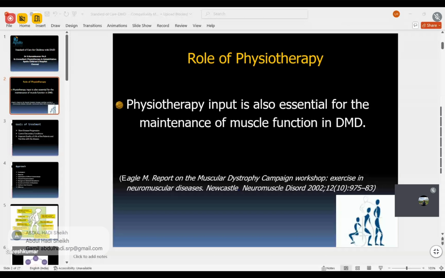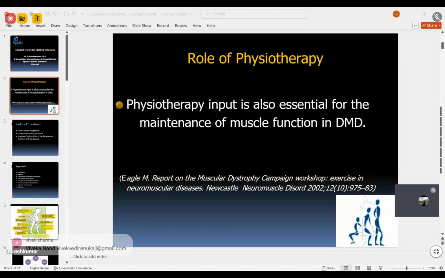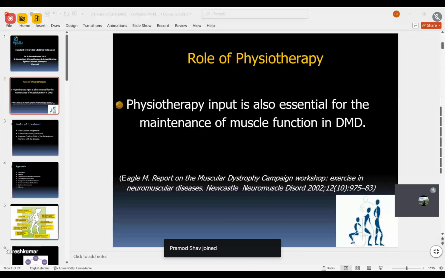In spite of BiPAP, when the respiratory muscle is very poor, the child cannot take in proper oxygen. We will add mild 1 or 2 liters of oxygen along with the BiPAP, so that the child is fresh and cheerful throughout the day. So this is BiPAP. This is the type of management.